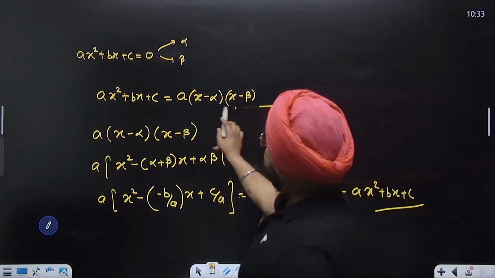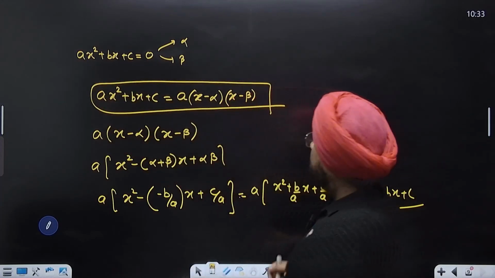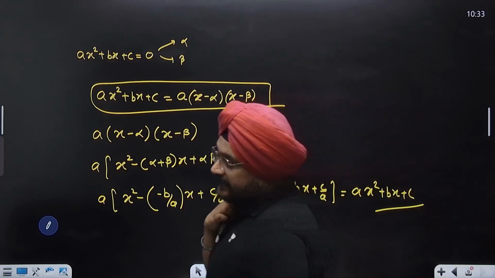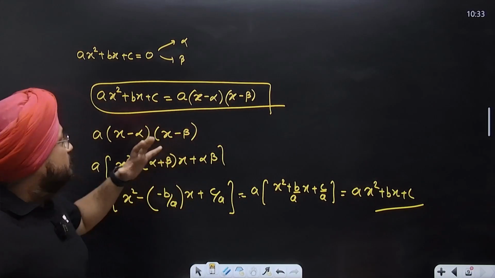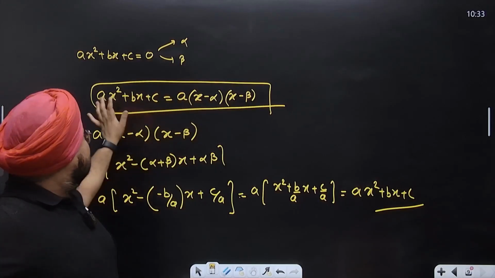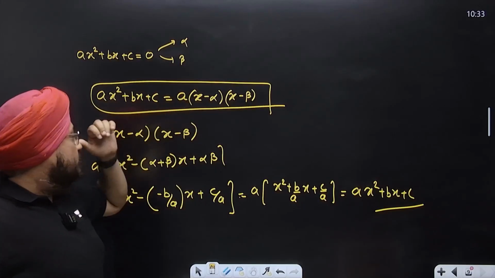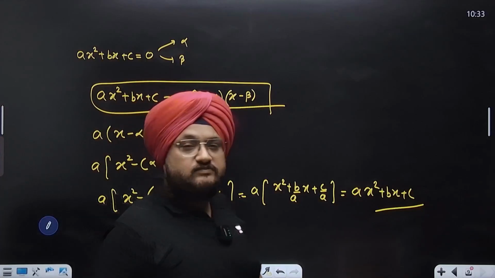So this expression is quite helpful in many problems, that we can find the solutions of some problems by writing ax square plus bx plus c equal to a times x minus alpha into x minus beta.